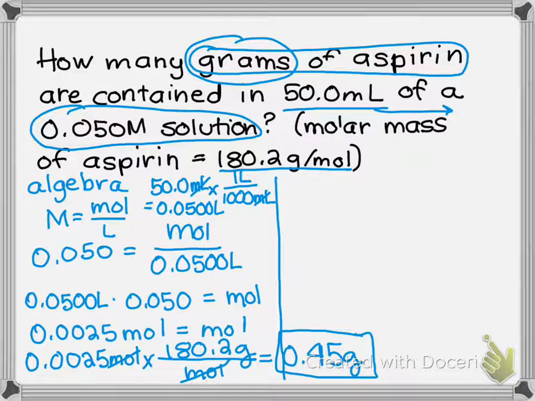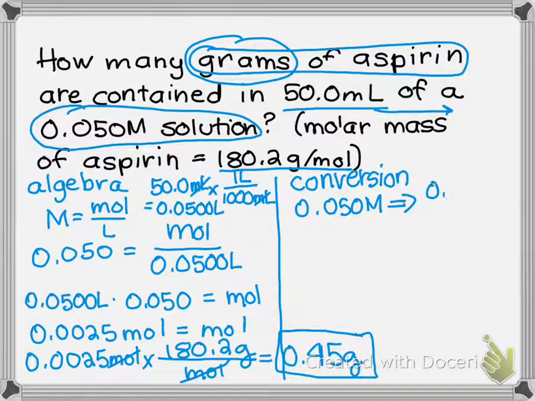Now the second way to try this, and we'll get the same answer just to show you side by side, would be using a conversion factor. I know that 0.050 capital M means I have 0.050 moles in 1 liter. That's what it means. The concentration is always how much solute you have in your solution. So I would write down what I was given, and it has to be in liters, which I already converted to.